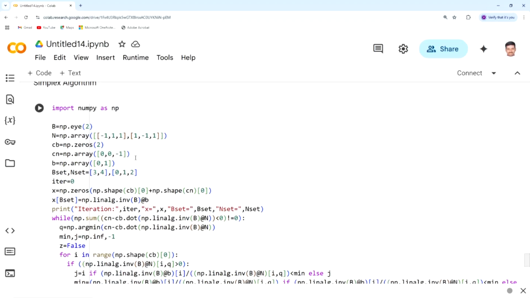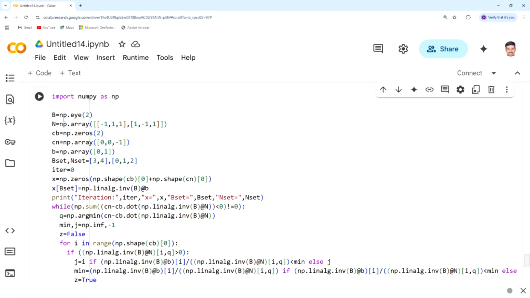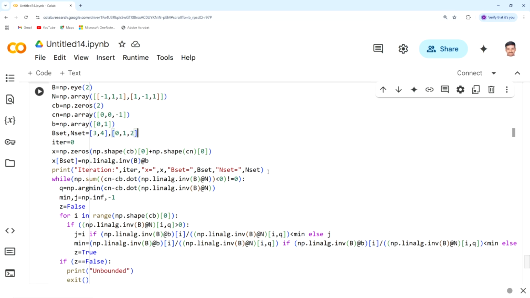Okay. So, if you look at the algorithm that we discussed, we first write down these variables B, N, cB, cN, B set, N set and little b, right, and we print x is B inverse b comma 0, right. And so after that we verify this particular condition. So, when this is not true, that is the sum is equal to 0, then the vertex that we have found is indeed the minimizer, otherwise it is not.